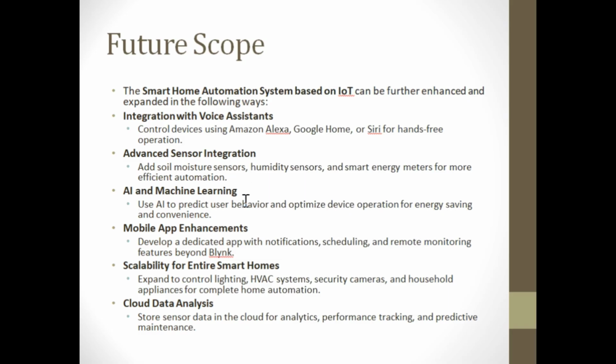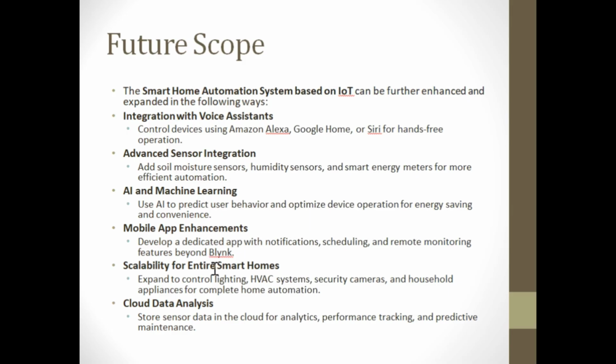AI and machine learning: use AI to predict user behavior and optimize device operation for energy saving and convenience. Mobile app enhancements: develop a dedicated app with notifications, scheduling and remote monitoring for the future, beyond Blynk.